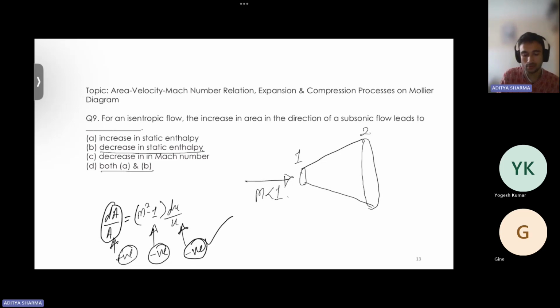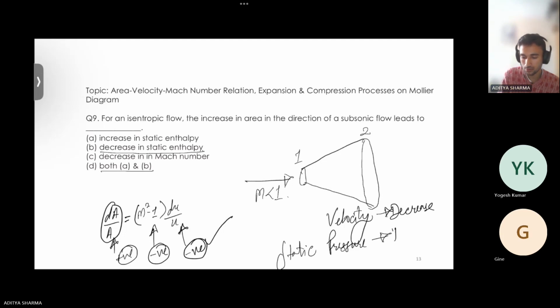So this means the velocity will decrease. That means static pressure will increase. Right.